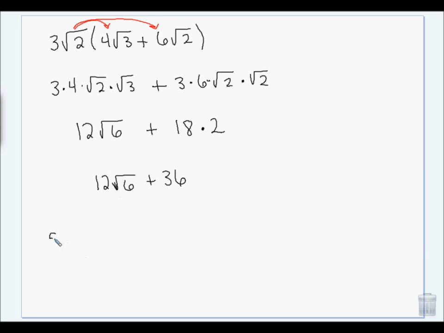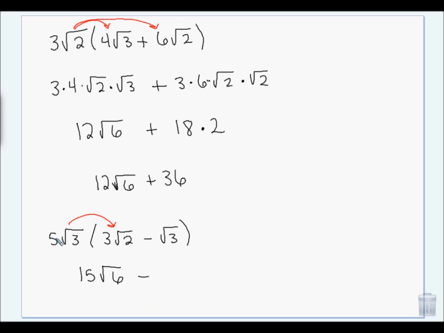Now I do want to show you, you don't have to write those middle steps. If you're comfortable with this, you can do this in your head. And I can say, okay, that's 15 and then 6. Right? So 5 times 3, 15, 3 times 2, 6.